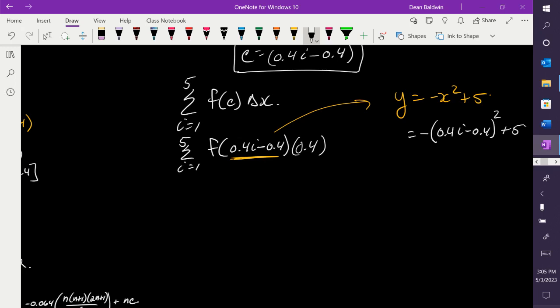Why is this method not fun? You can probably already see why. Not that the other one was fun, but you're going to have to expand this. This is the binomial, so it's 0.4i minus 0.4 times 0.4i minus 0.4. That's the fun we're going to do right now.